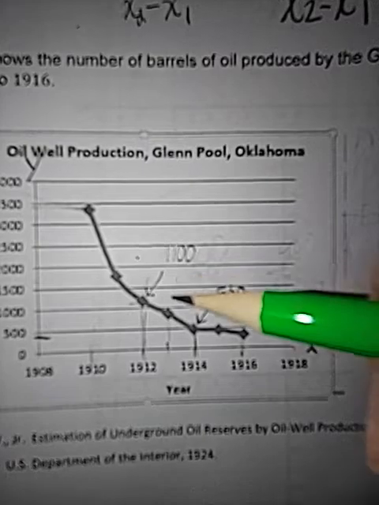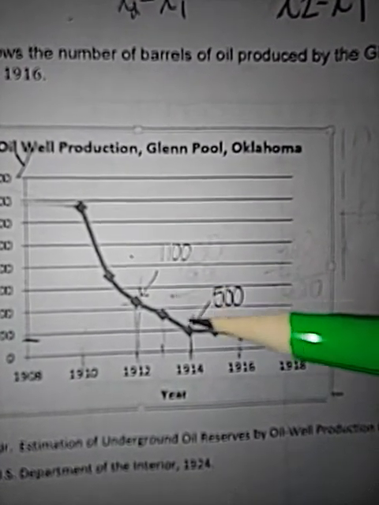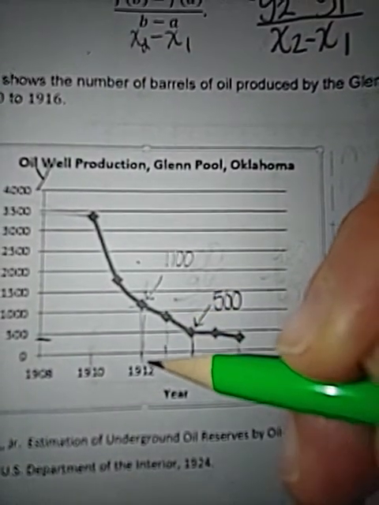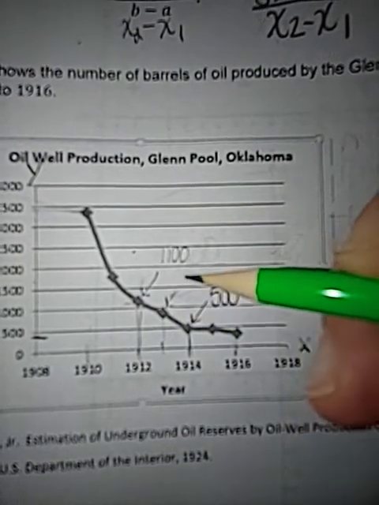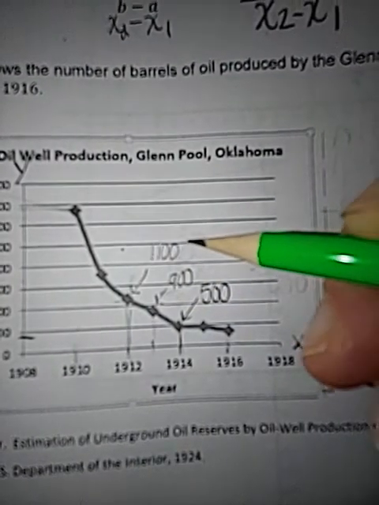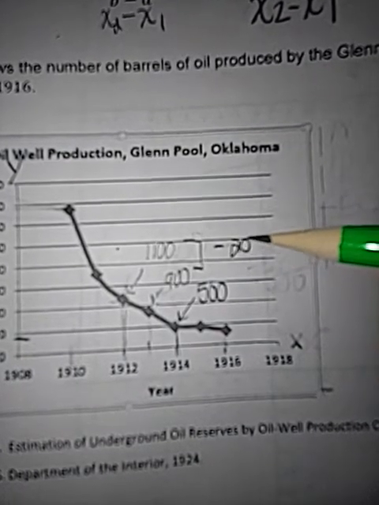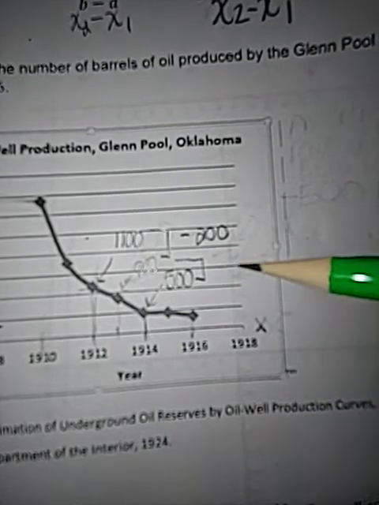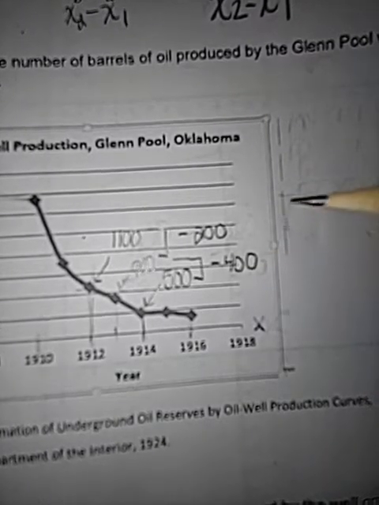So the rate of change from 1912 to 1914 was negative 300 barrels of oil per year, which makes sense because if you check from 1912 to 1913, this is about 900. From 1912 to 1913, the number of barrels of oil decreased by 200. And from 1913 to 1914, the number of barrels of oil that decreased was 400.